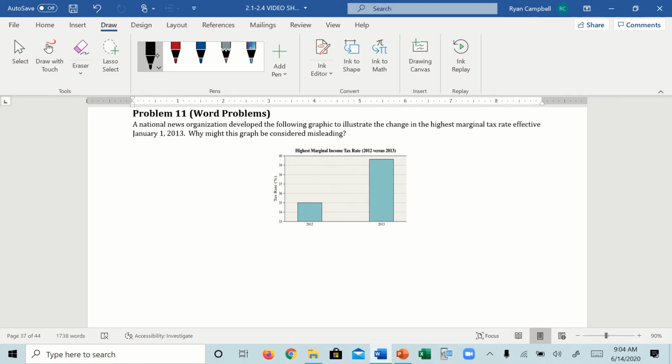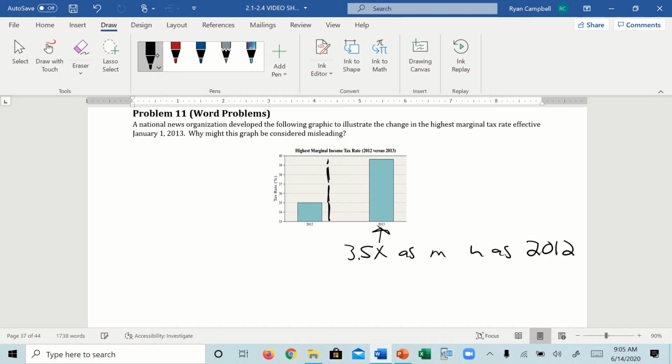If we look at this graph, how many of these bars would be able to fit in this bar? Well, you can see, 1, 2, 3.5, so it looks like 2013 is 3.5 times as much as 2012, right?